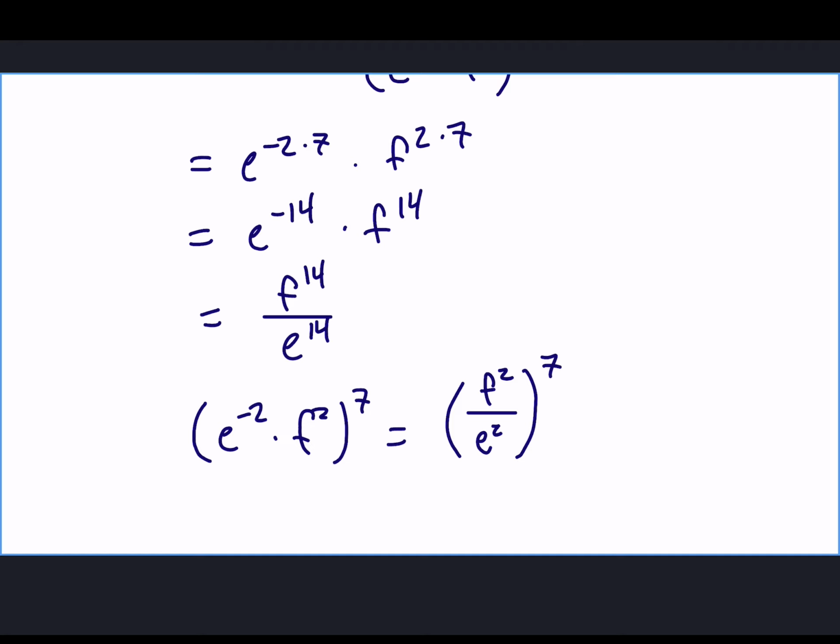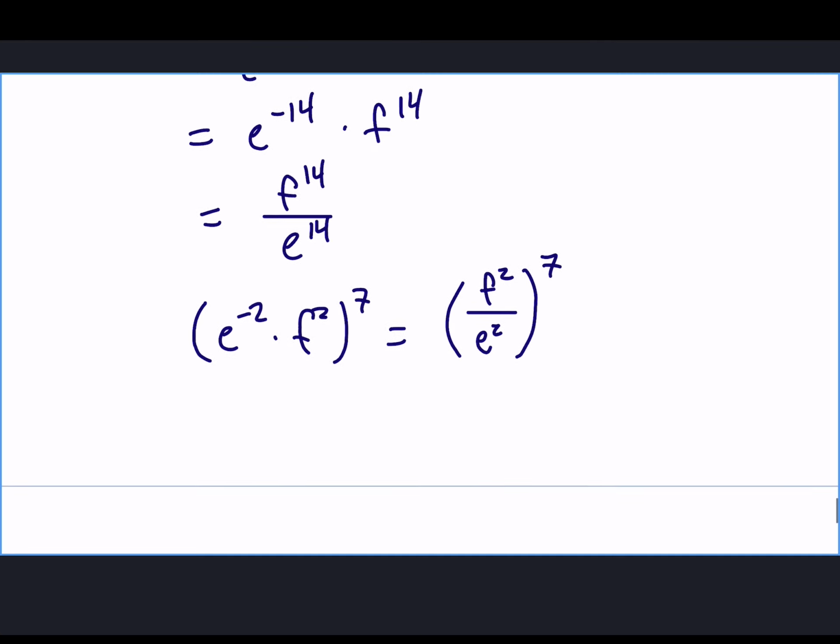Do you agree that this is the same thing as that? Have I changed the value of the expression? No, we have not. But now, in this format, we can distribute that 7 into each part.